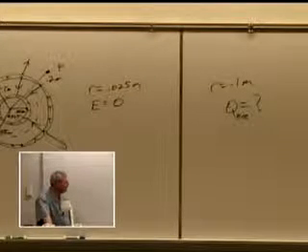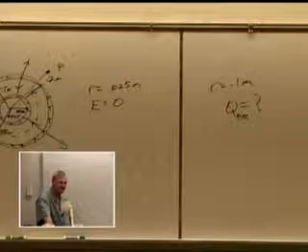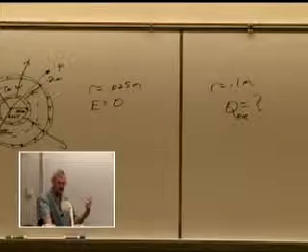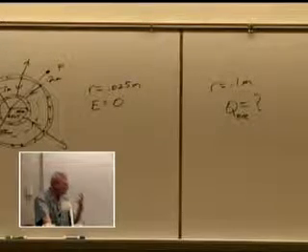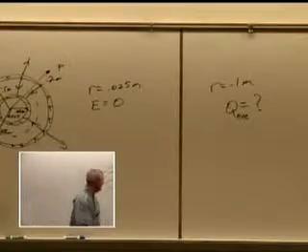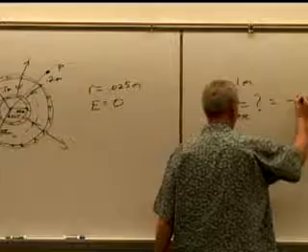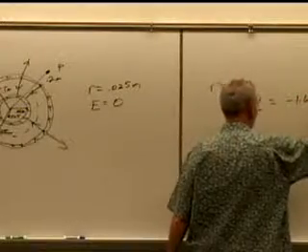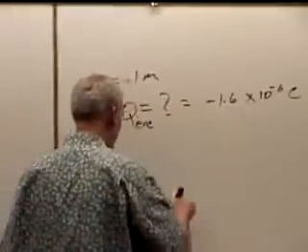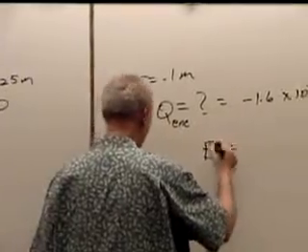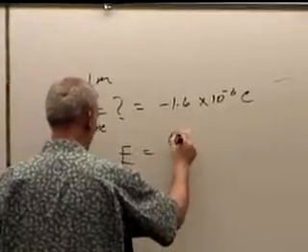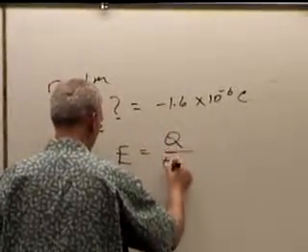It's negative 1.6 times 10 to the negative 6 coulombs enclosed. So to find the E field, E is equal to Q over epsilon naught times A.